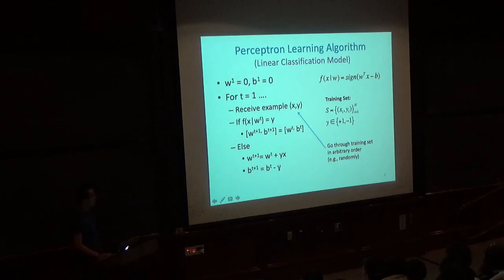And y is just an offset on b. So if we made a misprediction and y was positive, we would lower the threshold, making it easier for the sign to be positive. And if y was negative, we would raise the threshold, making it easier for the sign to be negative. That's the basic idea. We'll walk through some examples of how this algorithm behaves in practice in a few slides.